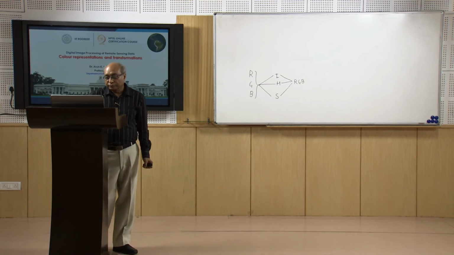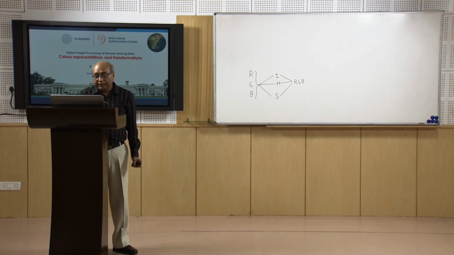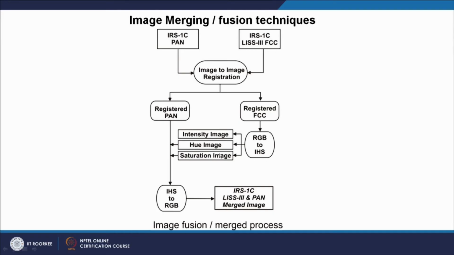After splitting RGB to IHS, we get three images: intensity, hue and saturation. The PAN image, which is already registered and has higher spatial resolution, is used to replace the intensity image, because this one is still carrying low resolution, in this example 23.5 meter.